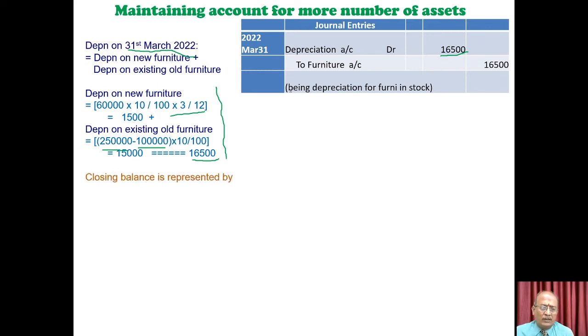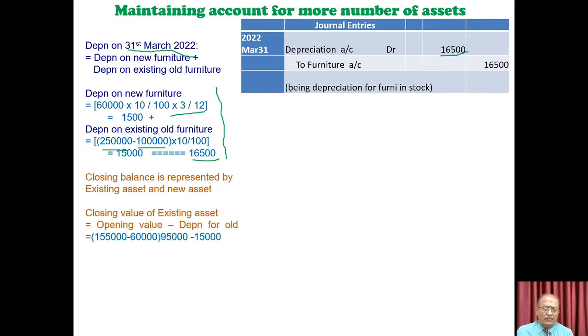Now, what about the closing balance? How is the closing balance? Normally in this account, the closing balance exists represented by the existing asset and new asset. Closing value of the existing asset will be the remaining 1,55,000 minus 60,000.